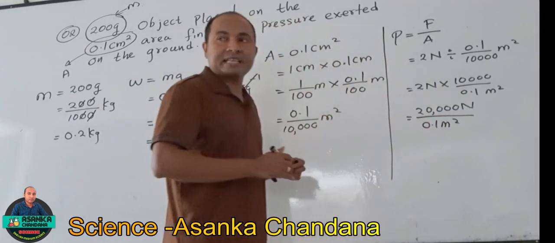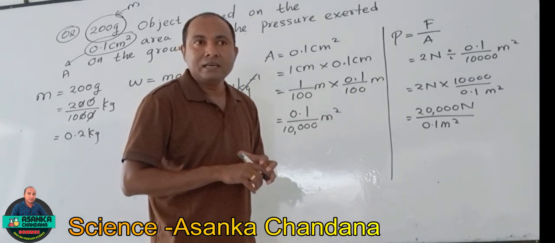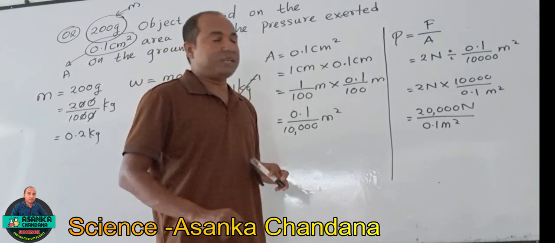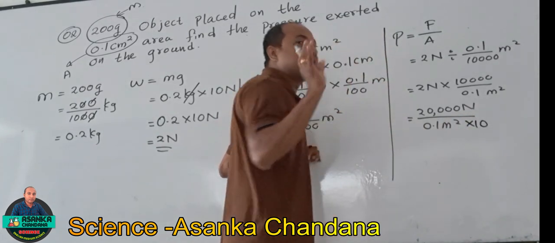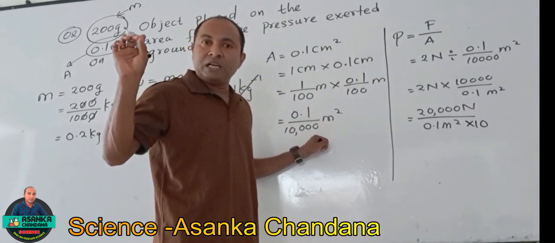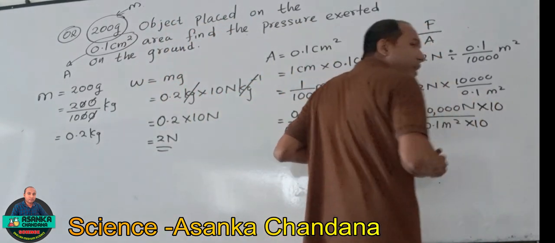Then how many decimal places are there in the denominator? There is 1 decimal place. Therefore, the denominator should be multiplied by 10 to remove the decimal place. If we multiply the denominator by 10, the numerator also should be multiplied by 10.